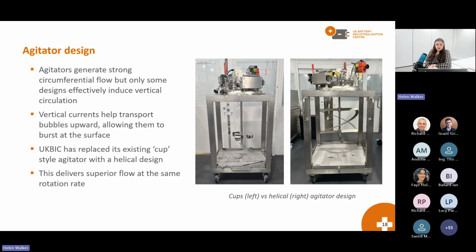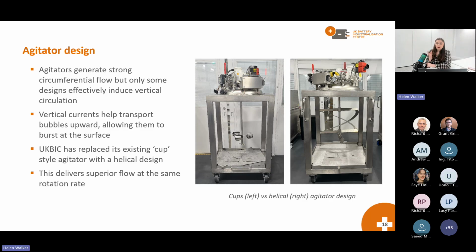So another thing that we've done at UKBIC to improve degassing time is by changing the style of the agitator in that transfer vessel. When we're degassing, we're slowly agitating this slurry all the time.